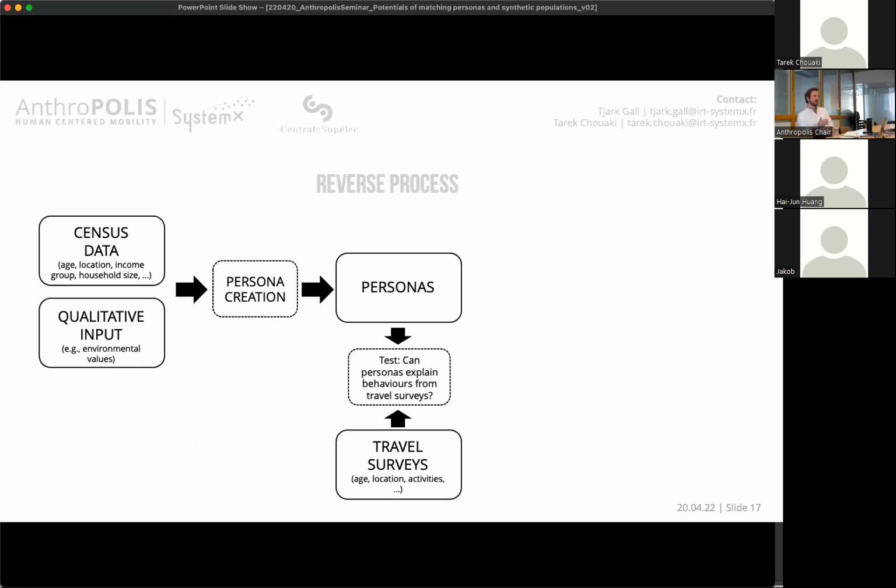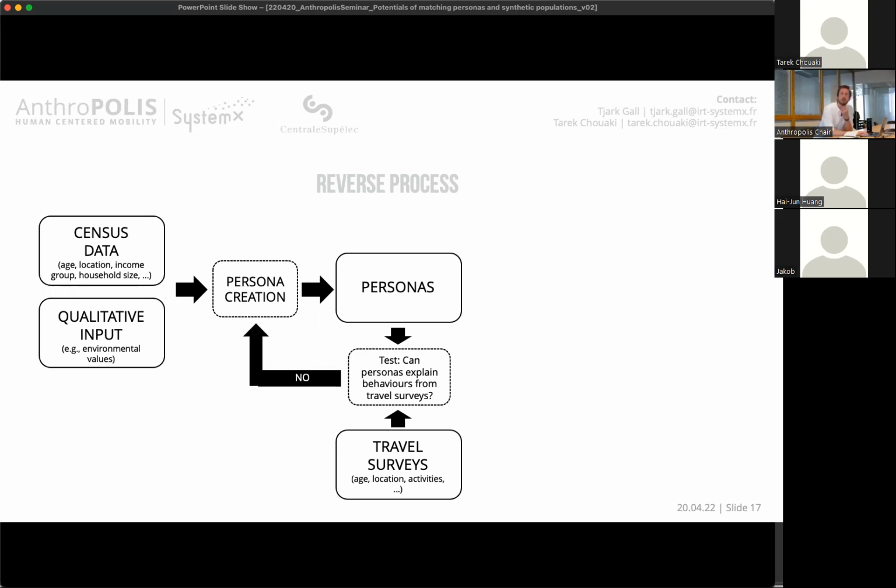If we look, for example, at travel surveys, which exist on the national and also on the more local level, they take a certain percentage of the population and look at when they go from where to where and what kind of behaviors they have. So if we manage to explain differences within the travel survey, within the same socioeconomic group, the same age group, the same gender group, through different personas and different values, we can validate the personas in the first place.